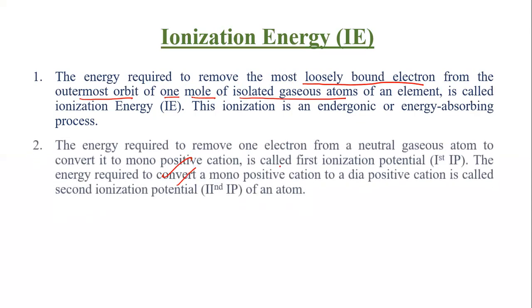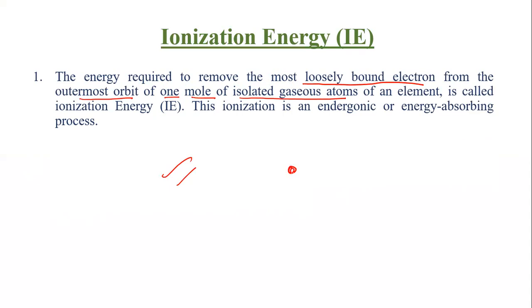Now suppose this is the nucleus, this is the first shell, second shell, and third shell. 2 electrons in the first shell, then there are 8 electrons, 1, 2, 3, 4, 5, 6, 7, 8, and this one is 1 more electron.